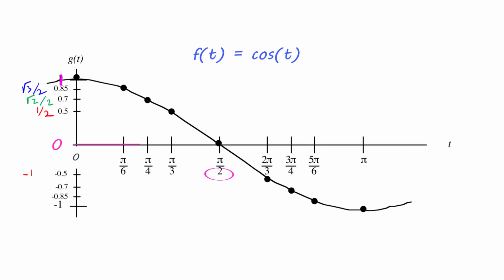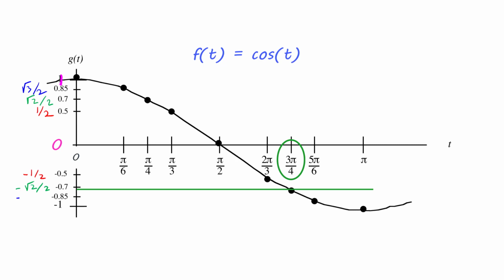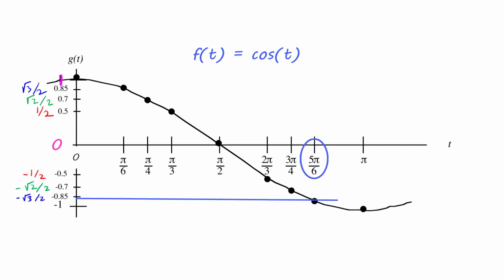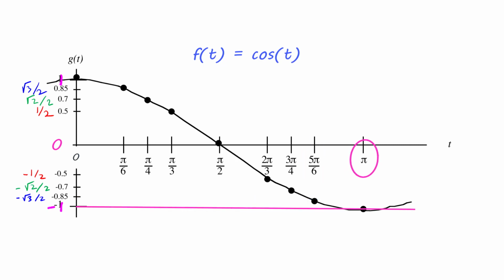And then in quadrant 2, we're now looking at the negative values. 3 pi over 4, 5 pi over 6, those are quadrant 2 values on the unit circle, and they show up as negative in this plane.